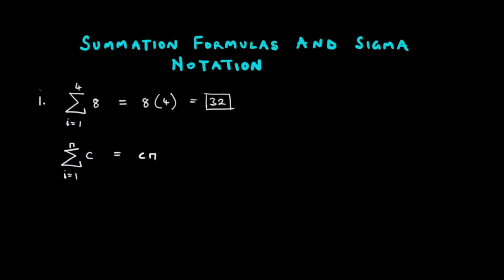And let us bracket this because of how important it is. So that is our first formula. If we are summing up C from 1 up to n, our answer is going to be the constant times the upper bound, Cn.